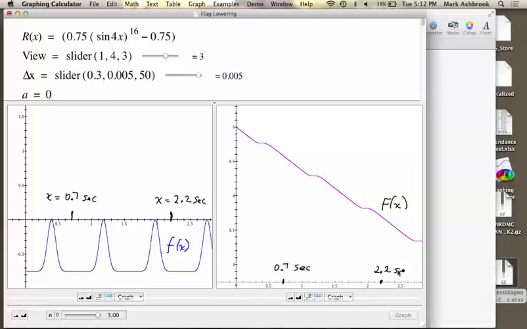We're all about figuring out how much some quantity has changed, right? That's our whole goal. So the quantity in focus here is the height of the flag. How much does the height of the flag change starting at x equals 0.7 seconds to x equals 2.2 seconds? Now I'm not asking you for an answer, I'm asking you to write something that represents that.